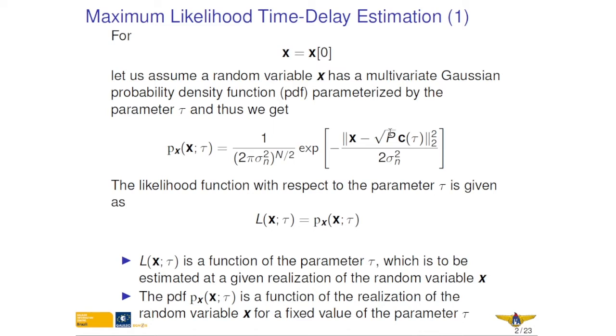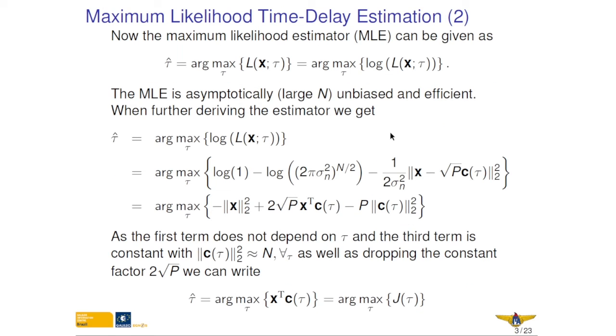On the other hand, you have the PDF, which is kind of a rule how to generate realizations of the random variable x for a given tau. So now, as we are interested in estimating tau, the likelihood fits more to what we want to do. We want to estimate the time delay.